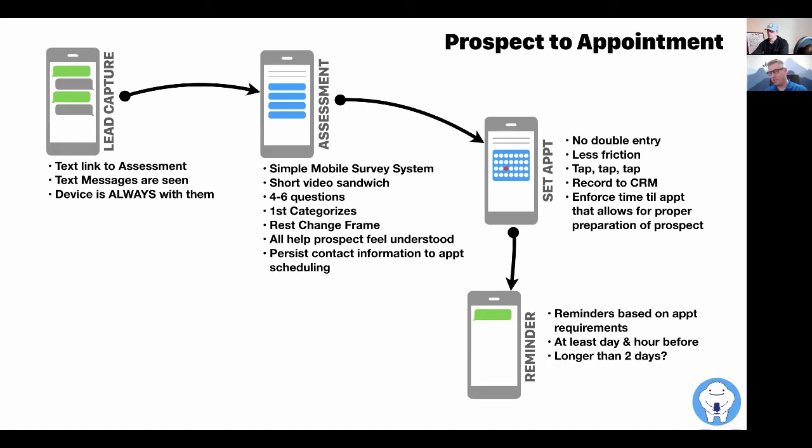If it's longer than 2 days, then we want to add content reminders into that, because while this is a fixed and easy to implement funnel, it's very adaptable to the situation of your clients. So if your clients say, I need a week's heads up before I can have an appointment, that's fine. But if it's going to be longer than 2 days, then we need to add in some content reminders.